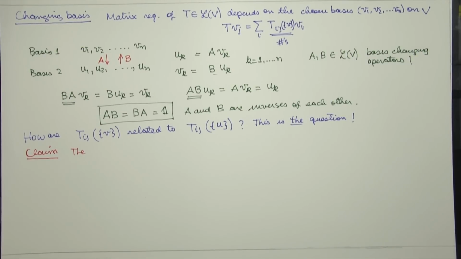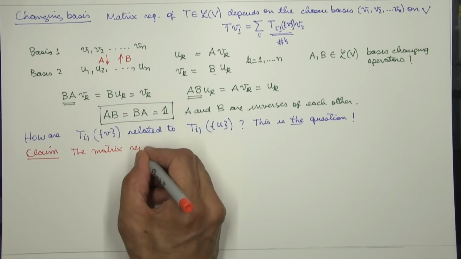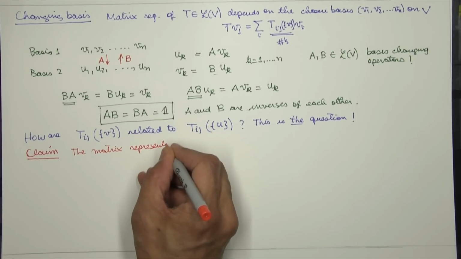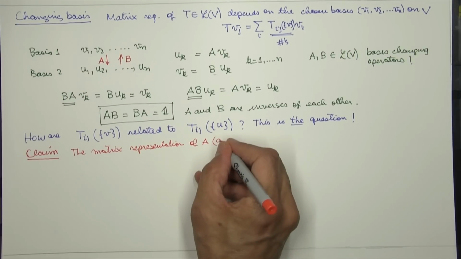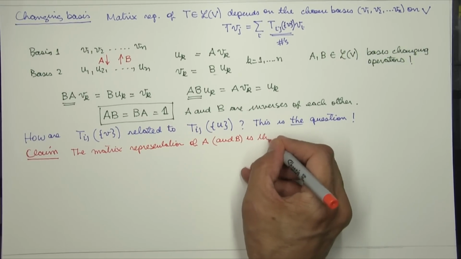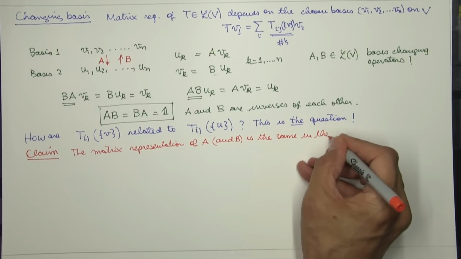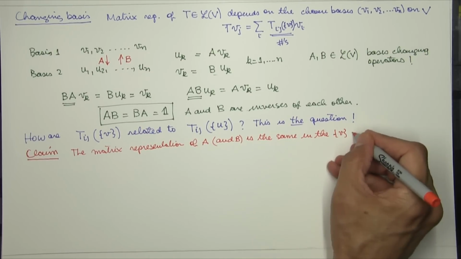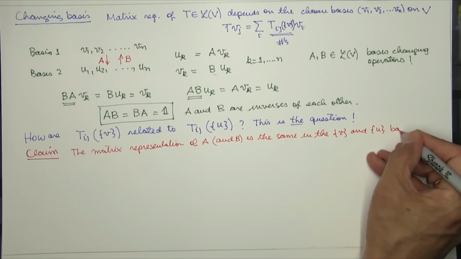So the claim is that the matrix representation of A, also of B, is the same in the V and U basis.